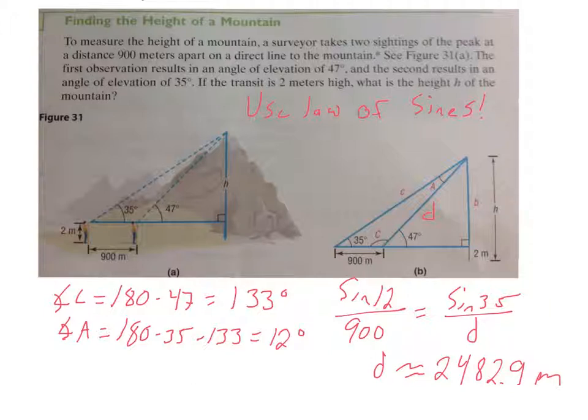And now I can use that along with right triangle trig to find B.